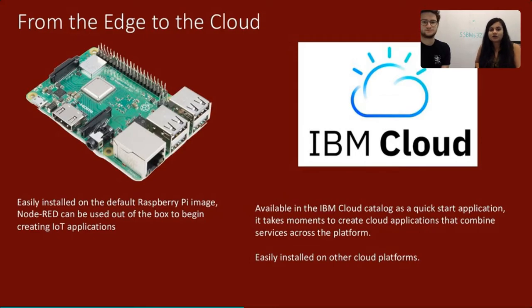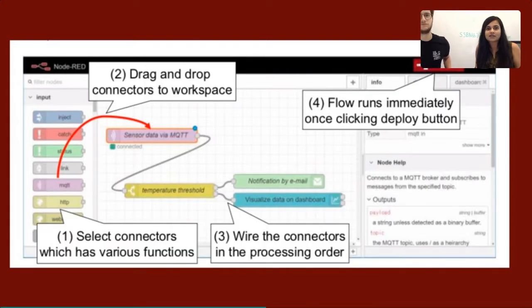The possibilities are really endless with what you can build, but I think we'll go through a few examples just to give you guys an idea. This is a really easy working example of how this works. On the side, we have some input nodes.